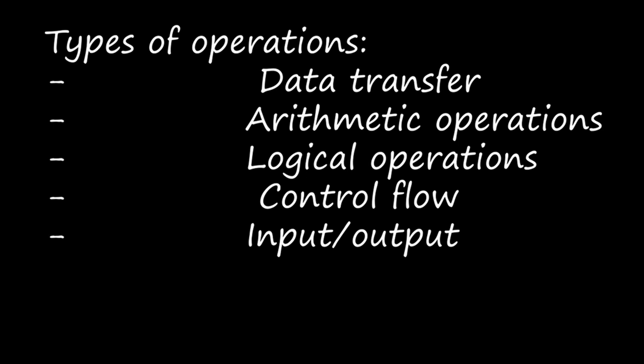In this instruction set we have data transfer. First the data will be transferred, right? Then arithmetic operations will be done, then logical operations will be done. Then the control flow, that will be controlled, and at last input output.